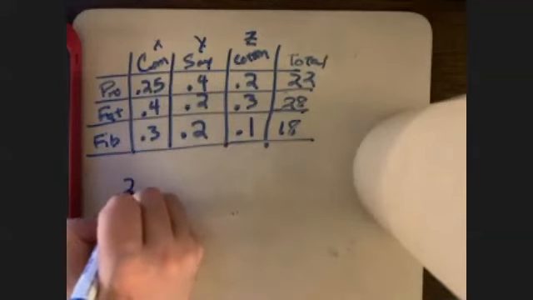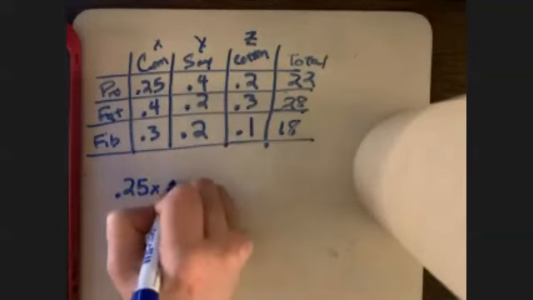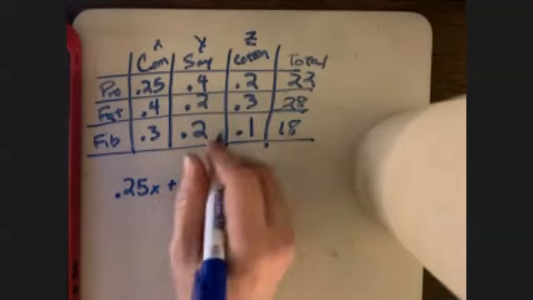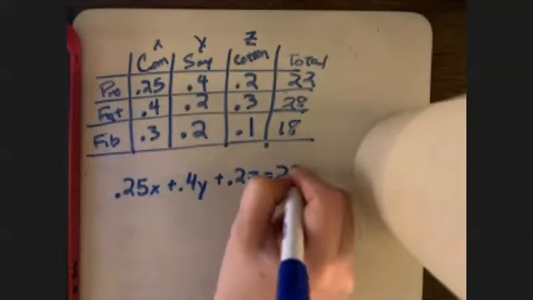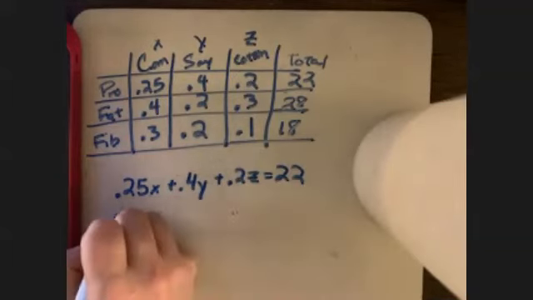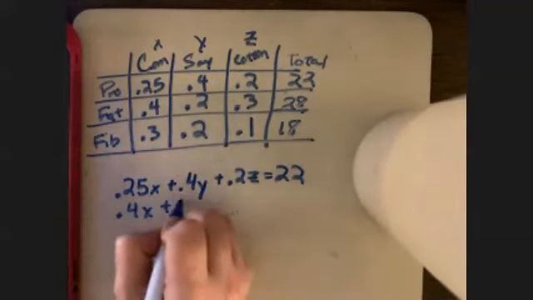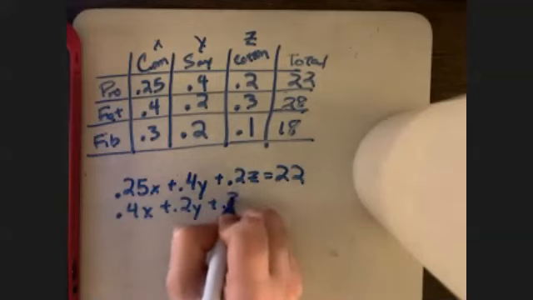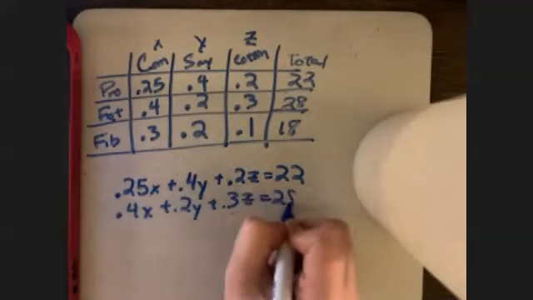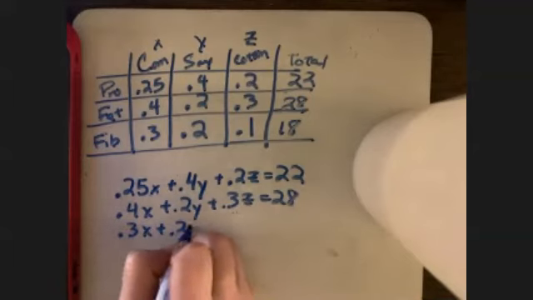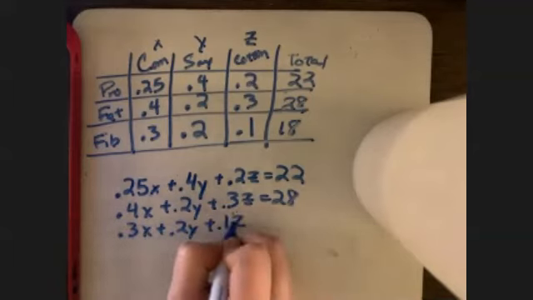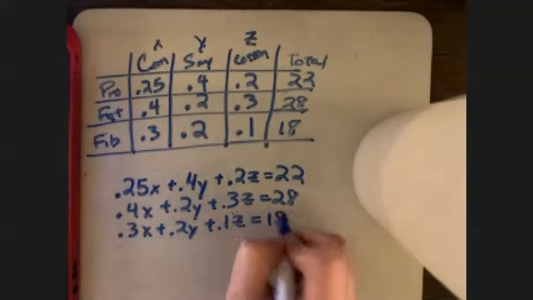So I'm going to have the equation 0.25x plus 0.4y plus 0.2z equals 22. 0.4x plus 0.2y plus 0.3z equals 28. And 0.3x plus 0.2y plus 0.1z equals 18.